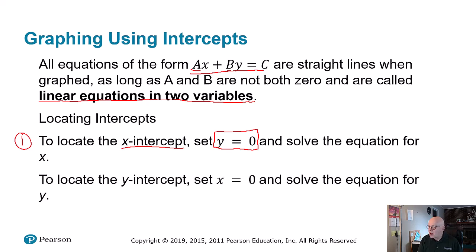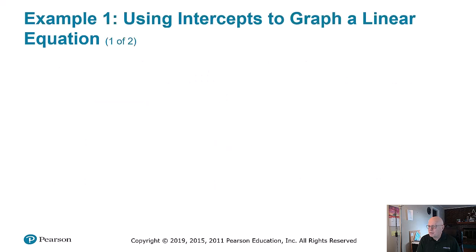If you want the y-intercept, do the opposite. Set the x equals 0 and solve for the y. That gives you 2 points. Connect them with a straight line. Use a straight edge of some kind, even a book, and there you've got your line, as long as you've got a linear equation.